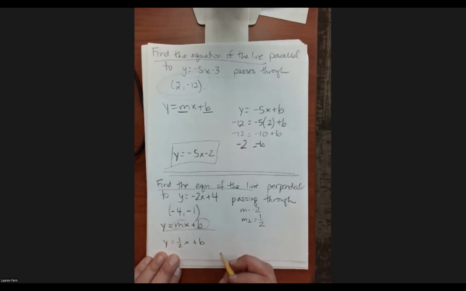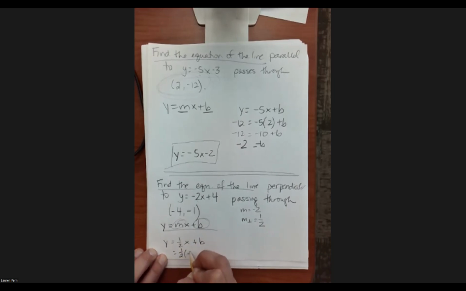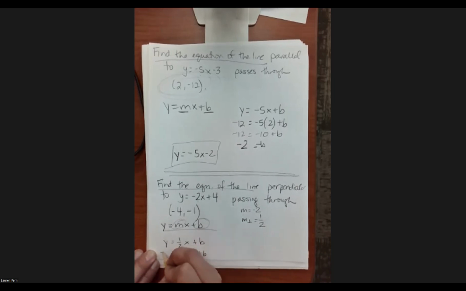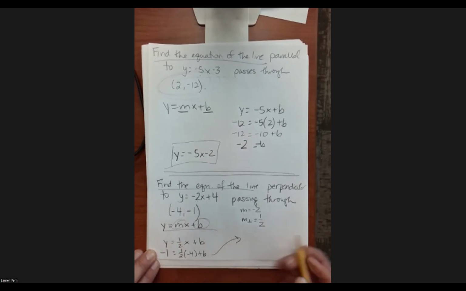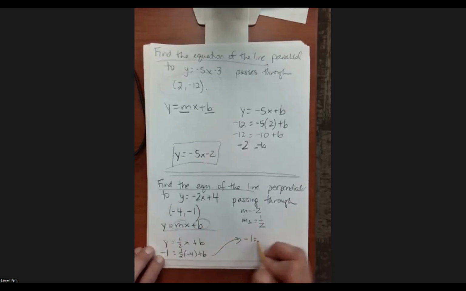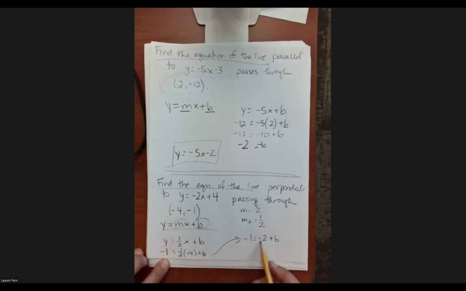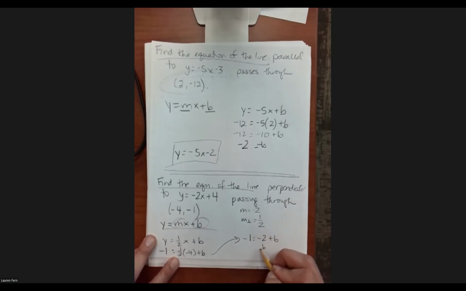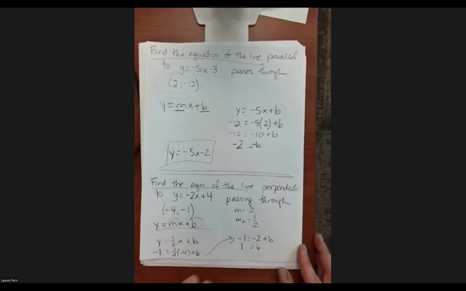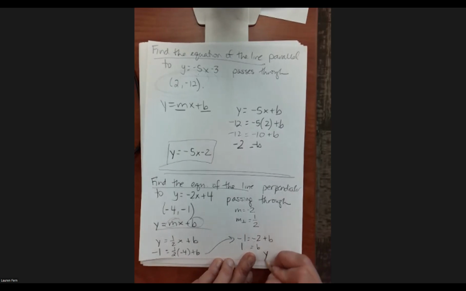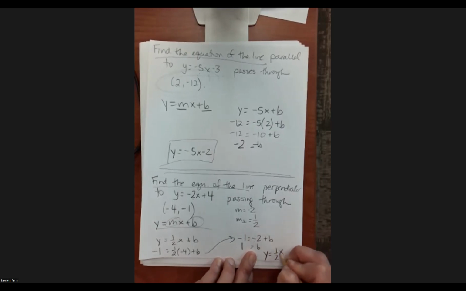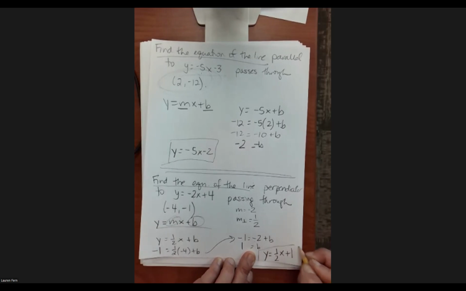Can I find b? Yep. I know that when x is -4, y is -1. Well, our numbers even came out nice. -1 is equal to -2 plus b. So what is b equal to? 1. So my line equation is y = 1/2 x + 1.